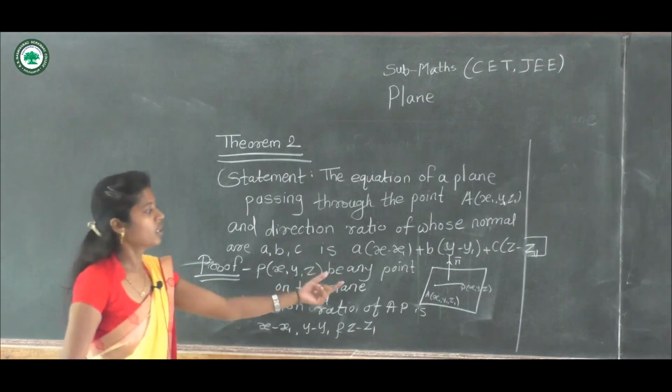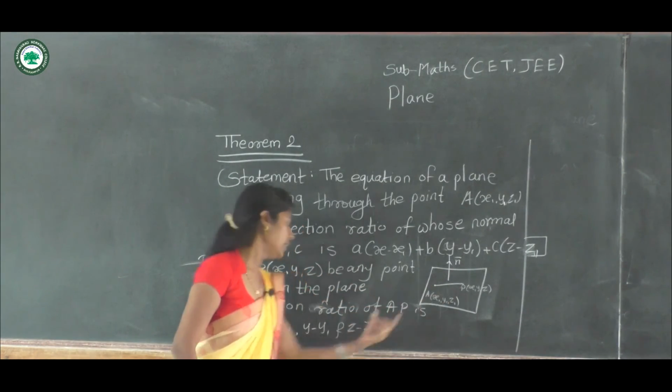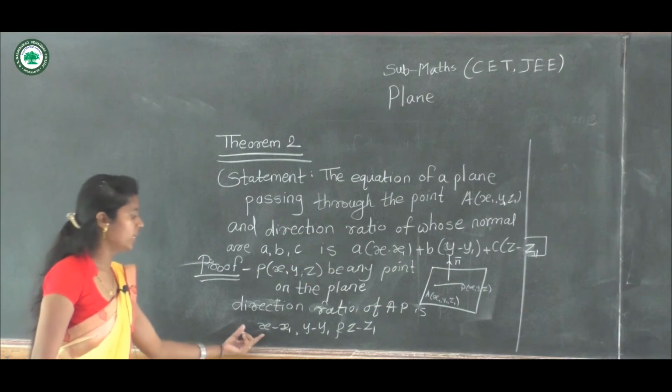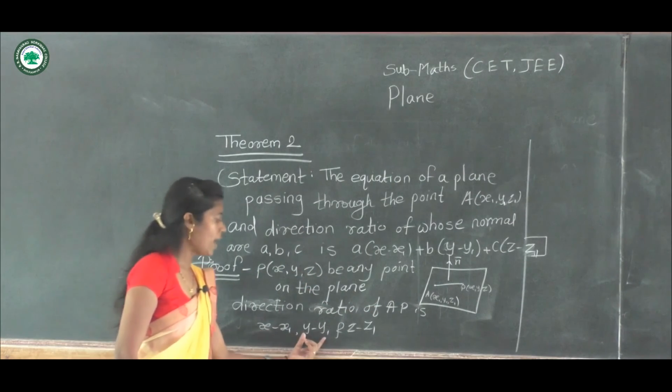If two points are on the same line, then its direction ratio is x minus x1, y minus y1 and z minus z1.